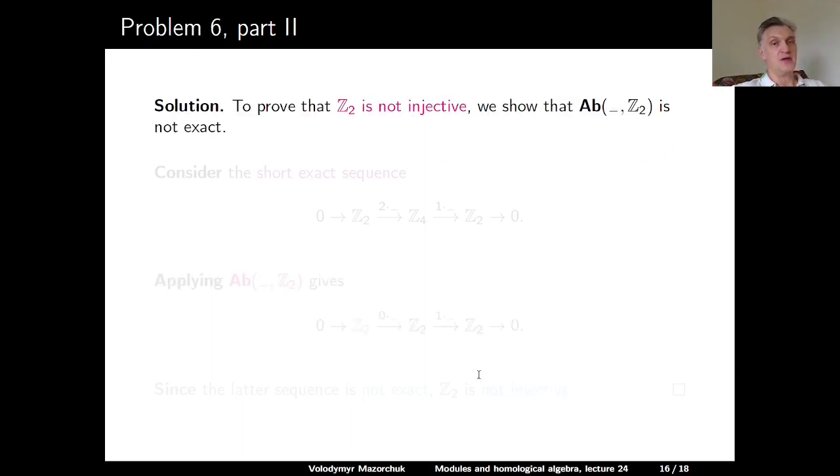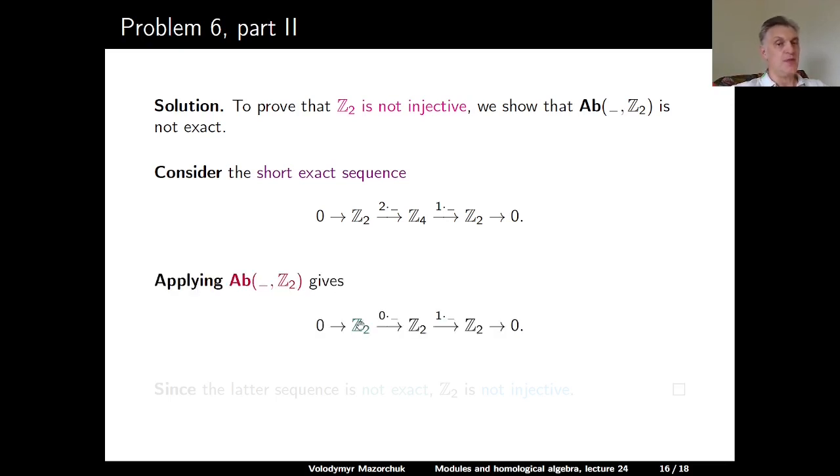Similarly, let us show that Z2 is not injective by showing that taking Homs into Z2 is not an exact functor. We consider the same starting sequence. Z2 goes to Z4 by multiplying with 2, and then it projects onto Z2. Applying Hom into Z2 also gives us Z2 at all three non-zero positions, and the first homomorphism is 0, and the second homomorphism is the identity map.